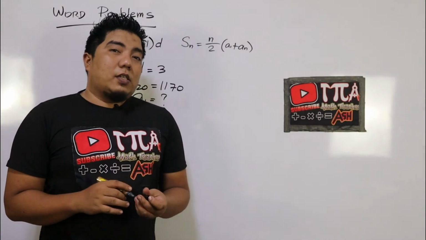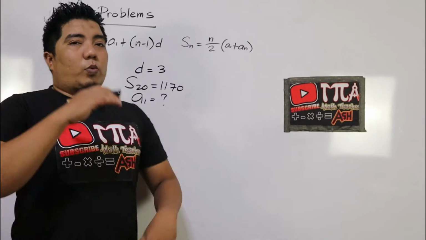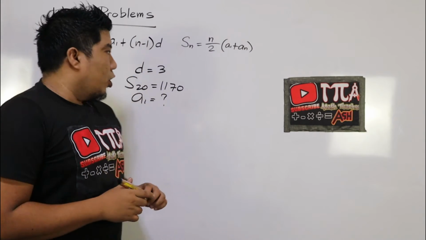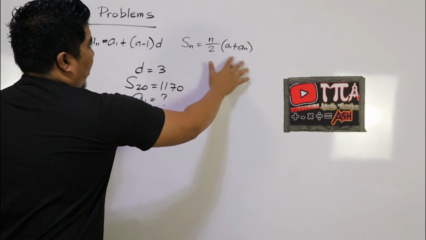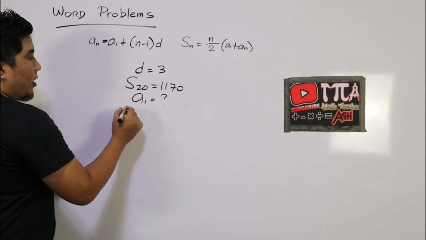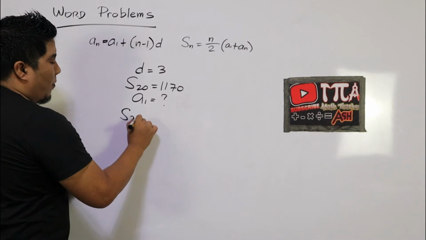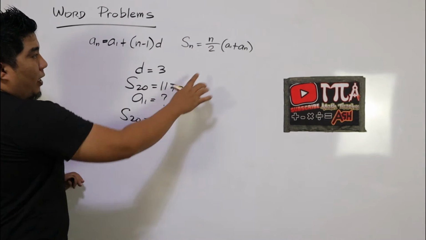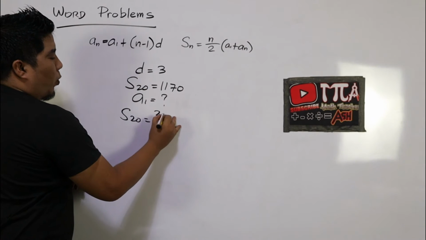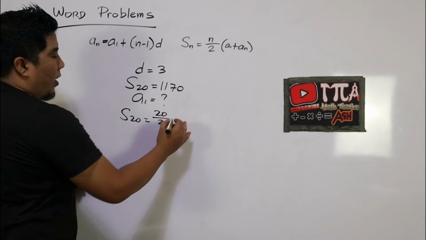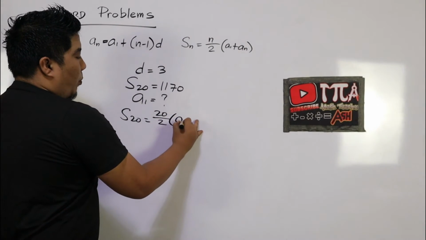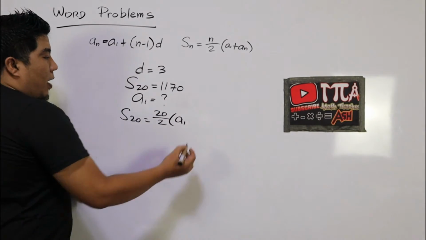Since the situation talks about summation, we can apply our formula here. Let us start with the S sub 20. If this is 20, this n here will become 20 over 2. Our a sub 1, that is our problem, so that will be unknown.